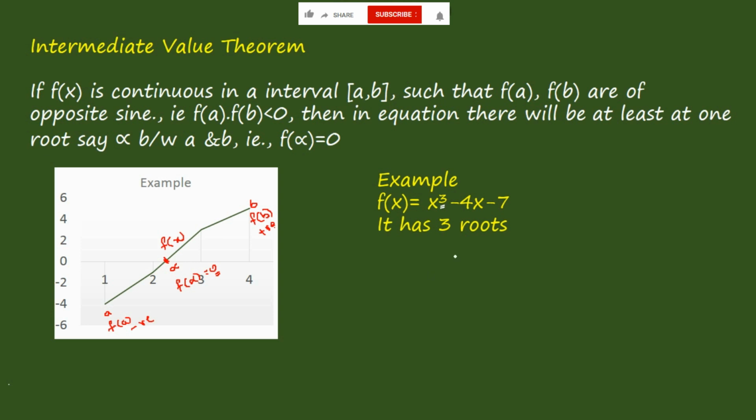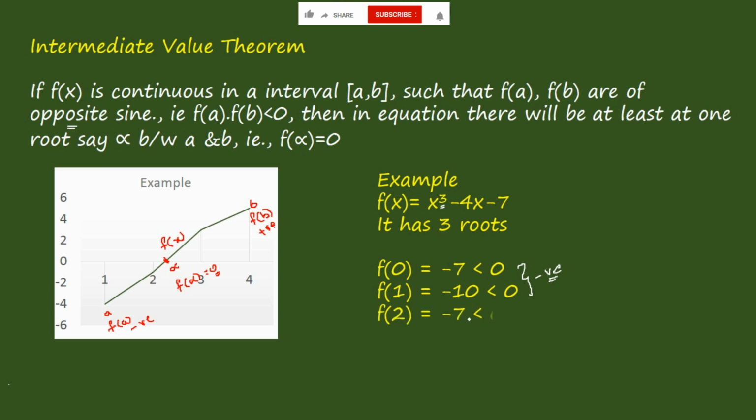First find the value of f of 0. We get minus 7, which is less than 0. Then find f of 1, which is minus 10, which is less than 0. Both of them are negative, the same sign, but they should be of opposite signs, so these two cannot be intermediate values. Find f of 2.